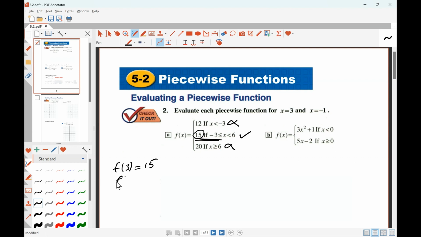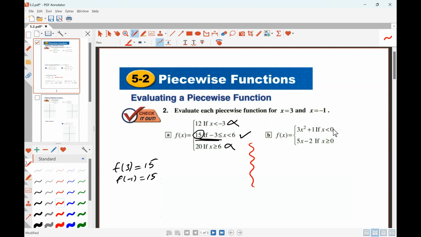So f of -1 is also 15. Let's move on. What happens? This was a constant function. Each function was constant for this piecewise, but the other one is composed of a quadratic and a linear function.